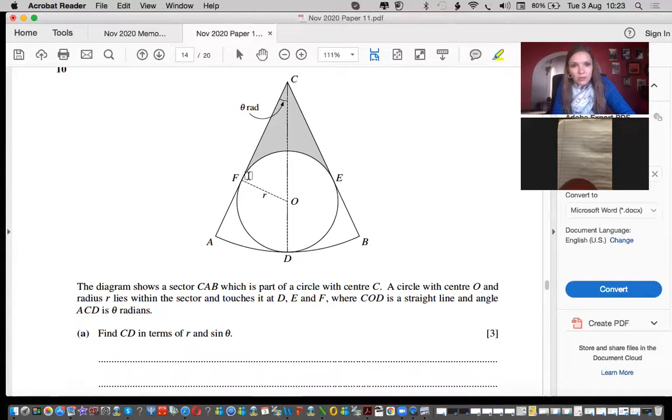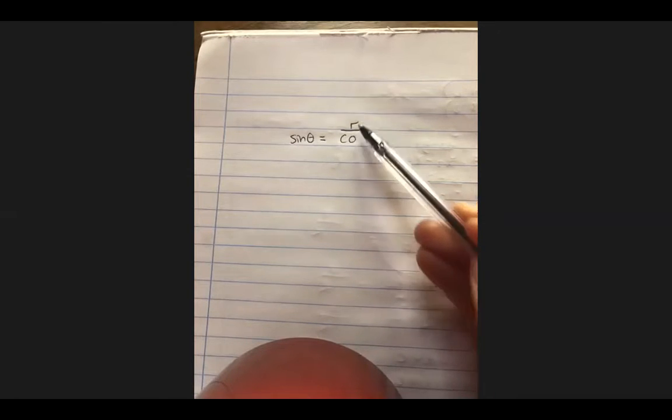Remember, opposite of your 90 is always hypotenuse. So trig is all about ratios. If you're working with this angle, opposite over hypotenuse is sine. So I've already identified that sine theta equals FO, so R, over CO. Just make sure you've got that written down the way I've got it. So sine theta, opposite over hypotenuse.